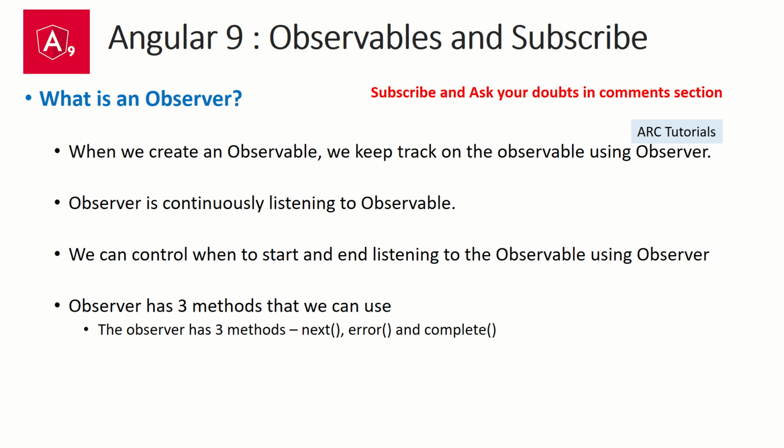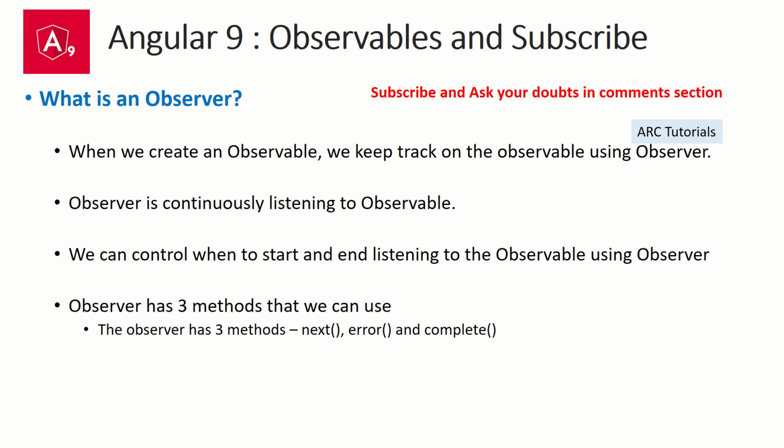Now, the next important thing to understand in observables is an observer. So, what is an observer? Whenever we create an observable, we have to keep track of the observable. And to keep track, we use something called an observer. The observer is continuously listening to the observable for changes.